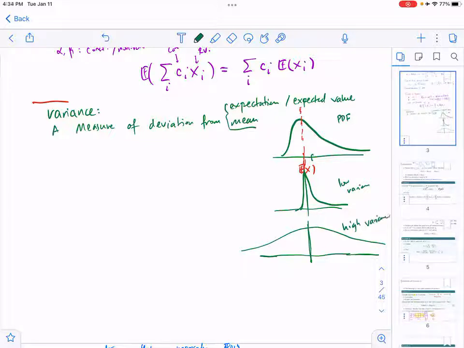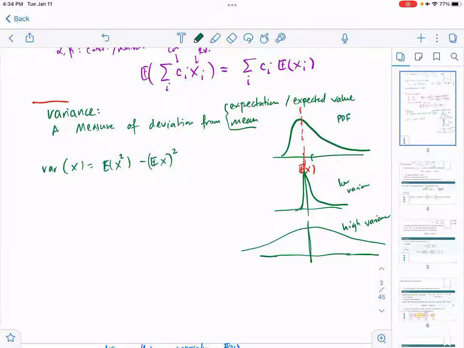So what is the formal definition? What is the formula for it? Okay, this is equivalent: the expectation of x squared, which is the second moment, minus the expectation of x, squared, which is the first moment.